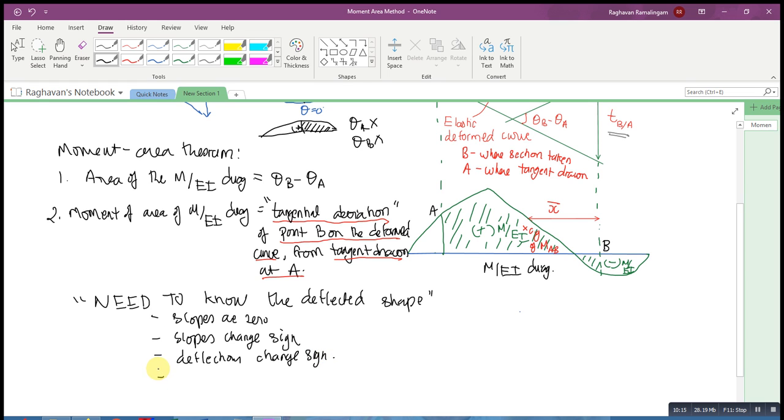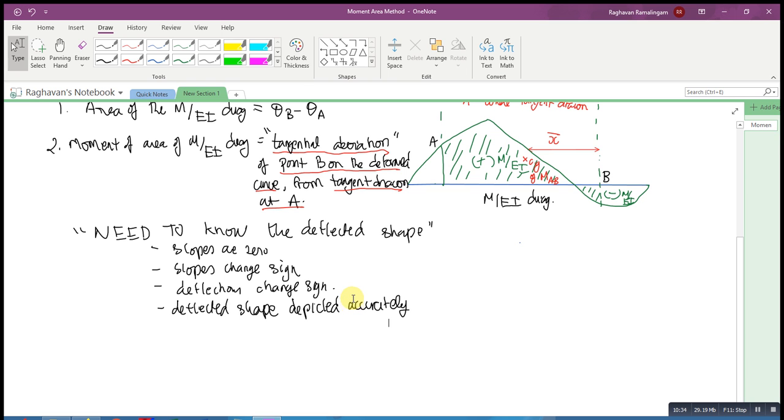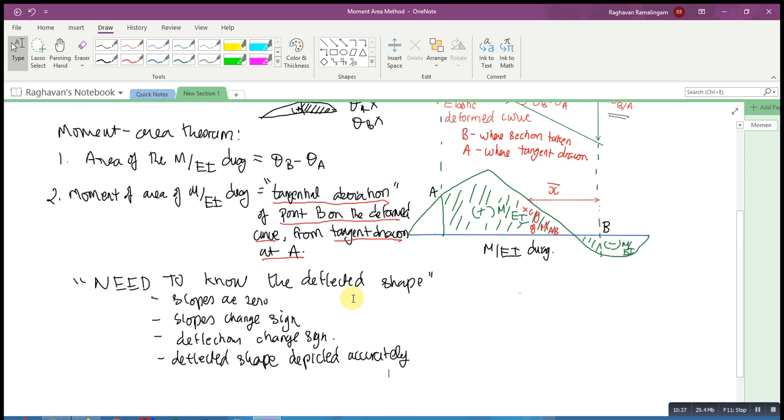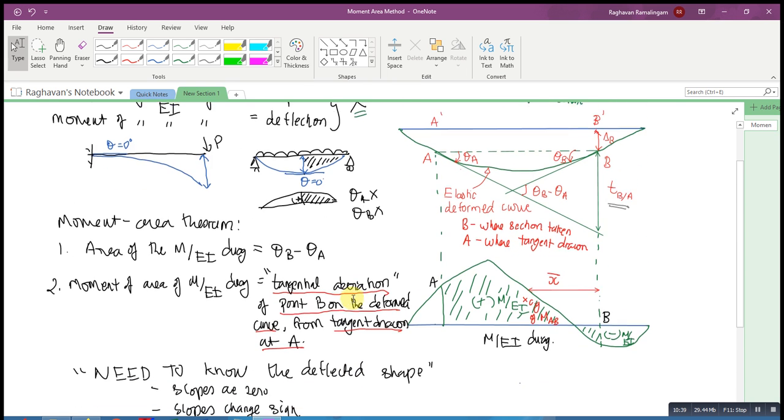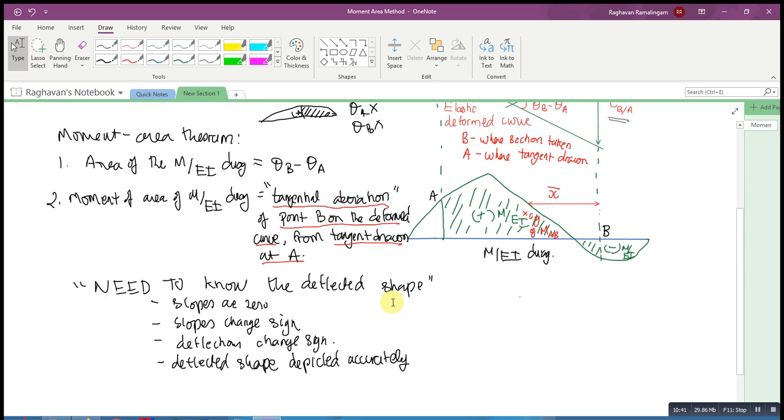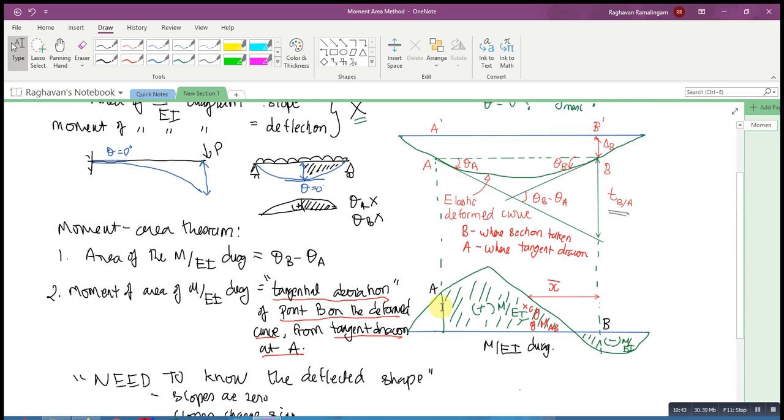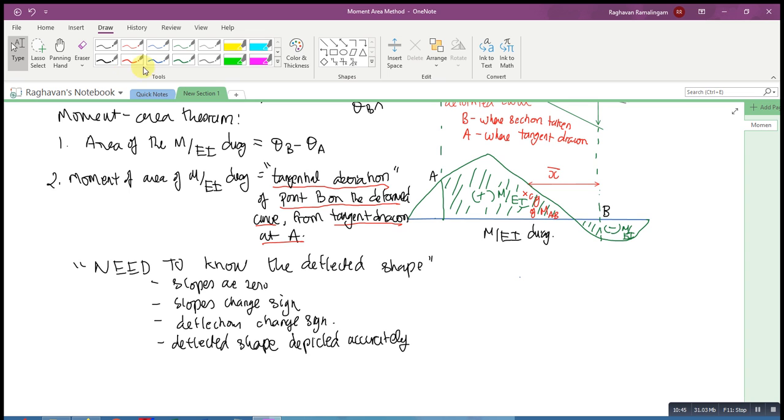What I'm basically trying to say is your deflected shape should be depicted accurately. So you have to depict your deflected shape accurately. If you draw a deflected shape which is not actually right, then whatever you get from the moment area theorem will not work out.